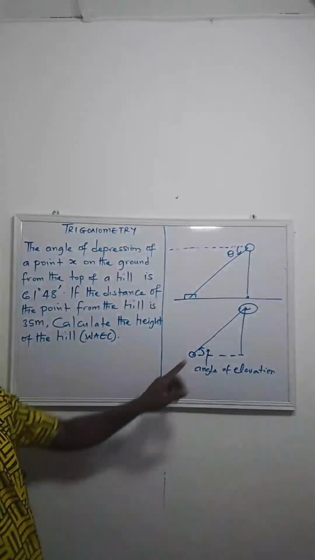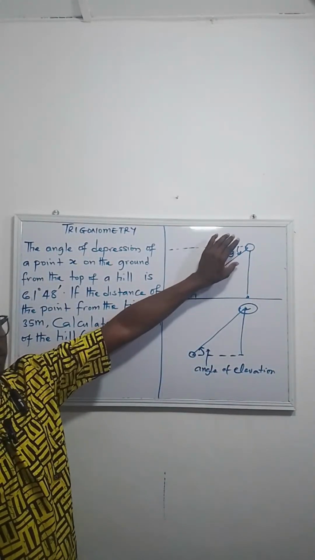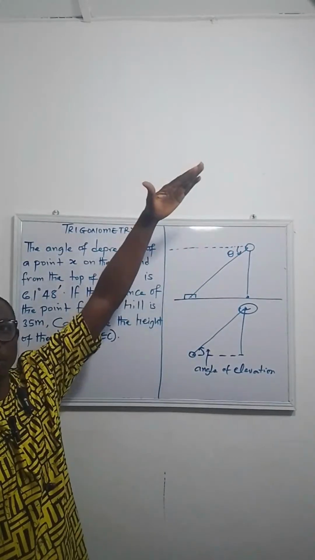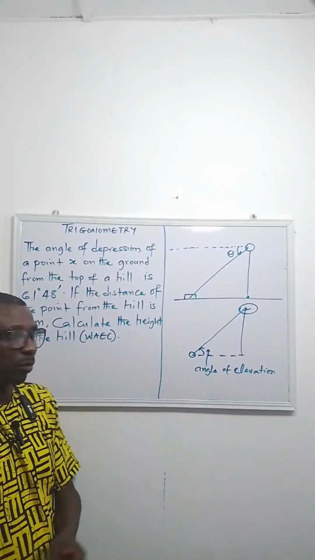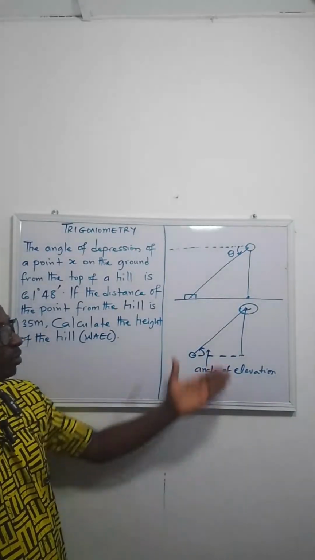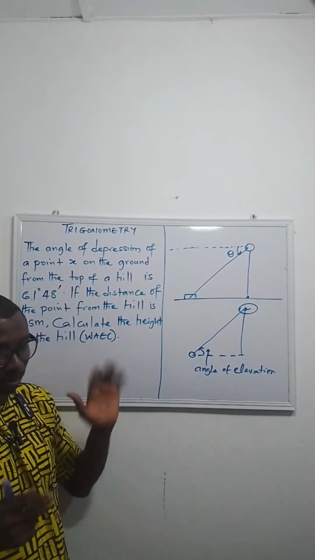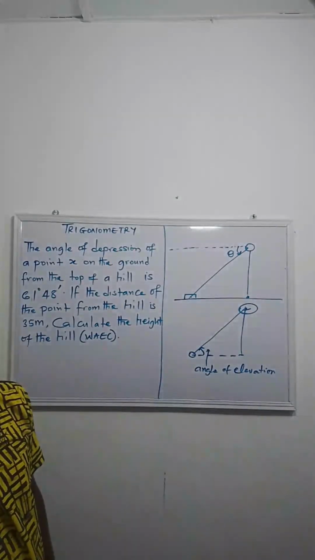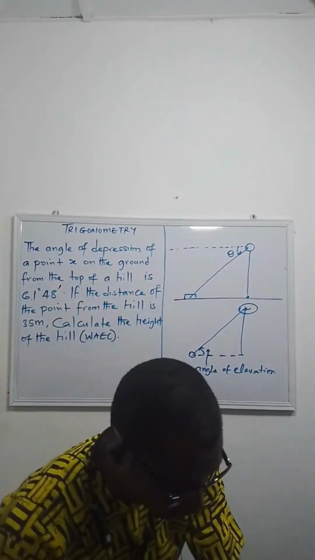So we have angle of depression when the observer is at the top looking at something below. We have angle of elevation when we have an observer below looking at something at the top. Hope you understand that. Now let us look at the question we have here. So how do we solve this problem?